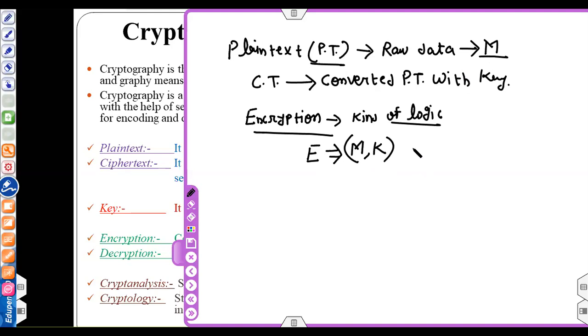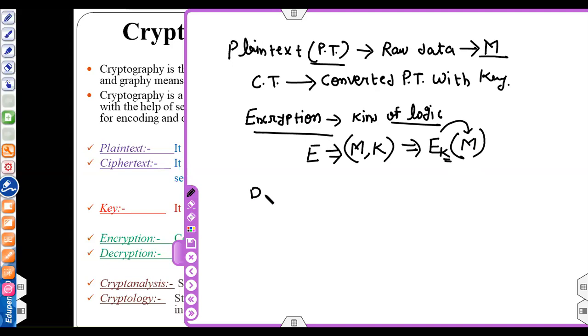Or more simply, we may write that encryption is applied on the message along with the key. And what is the logic? The logic is defined by the encryption algorithm.